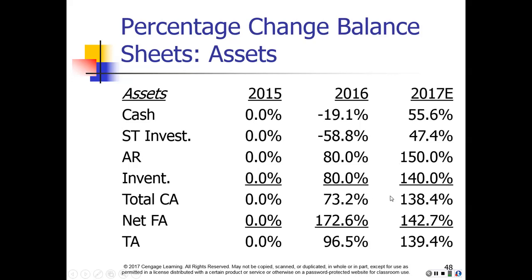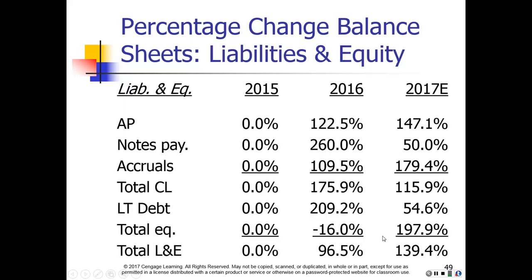Total current assets are going to double, growing from about 70% to 140%. That's not looking good either. On the liabilities and equity side, short-term debt growth is going to be much smaller than it was in 2016.